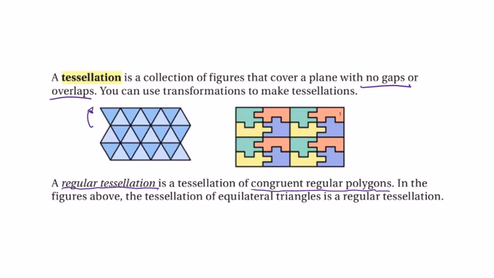It's not regular because each of these shapes, the four different shapes that we have here, are not regular. They don't have congruent sides or congruent angles. They are polygons because they are closed and have three or more straight sides. One additional thing is it's convex.